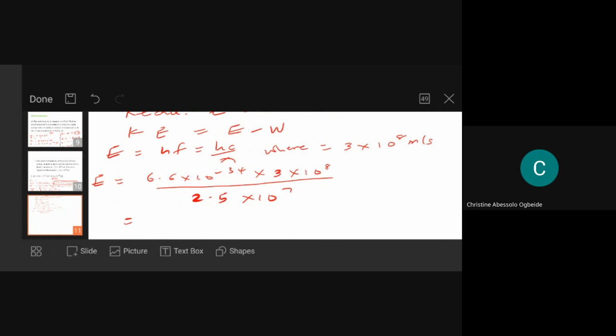Before we get the work function in joules, let's get our energy first. 6.6 times 10 to the minus 34 times 3 times 10 raised to the power 8, everything divided by 2.5 times 10 raised to the power 7. So what would that give us?